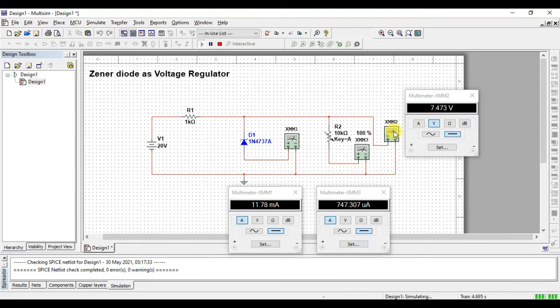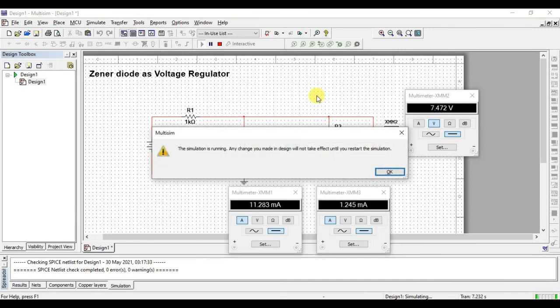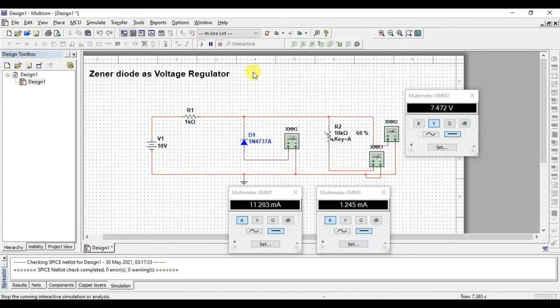We can do the same with the GNR diode as a voltage regulator by changing the value of the load resistance. For example, I am giving 10 volts at the input side, and we are not changing the input now.